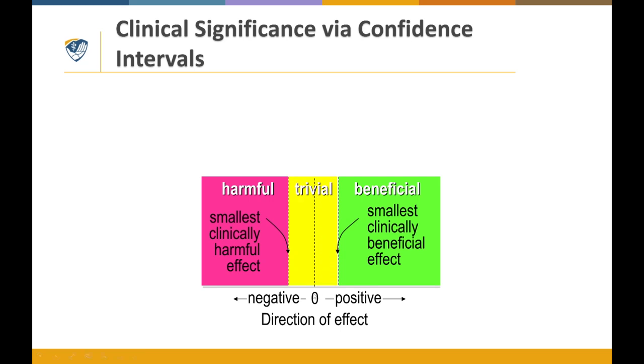So again, if this is the mean of the control group, and these dotted lines represent the confidence intervals for the control group, ideally what we'd like to see is the treatment group to be all the way over here somewhere and showing a beneficial response to the treatment, and potentially not overlapping at all with the trivial response that we expect or that we're seeing potentially in the control group.